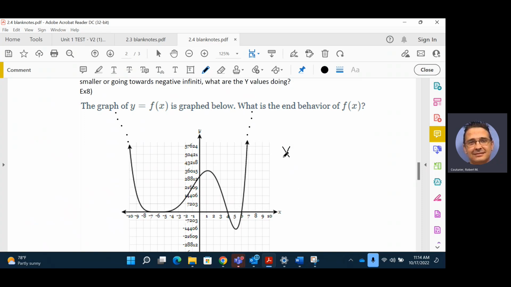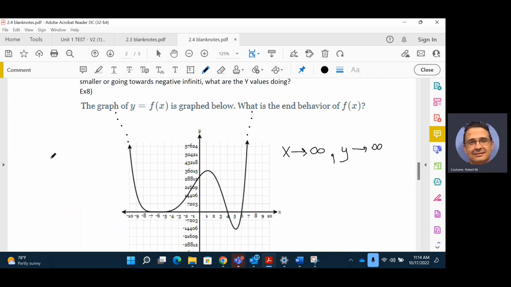So you could say this might be what the answer looks like for this side here. As x is approaching infinity, or going towards infinity, they want to know what's happening to y. Y is going in which direction? Well, we can say it's going towards infinity.